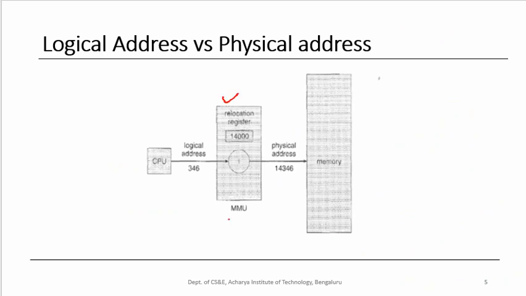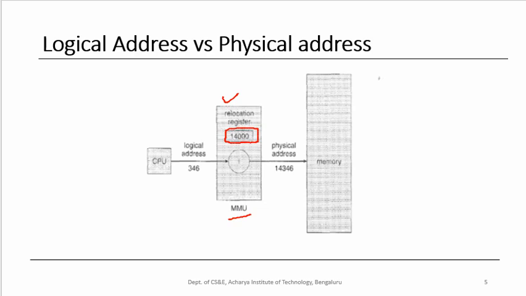We have a memory management unit which has a relocation register. This relocation register is loaded with some value by the operating system in kernel mode. This is something like the base register that we discussed in one of the previous slides.